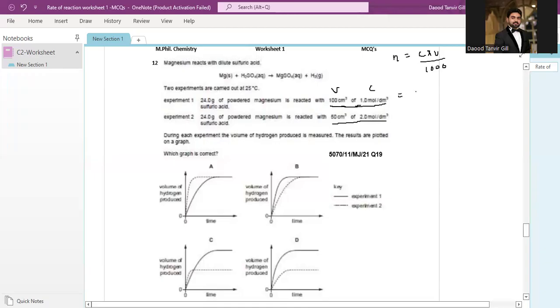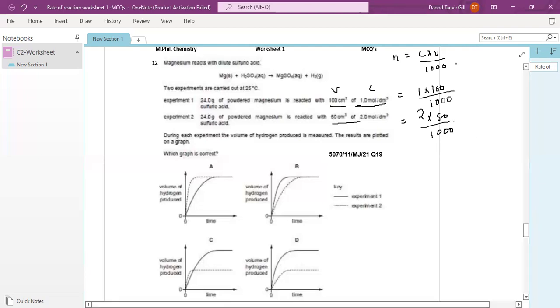So let's calculate the moles for this question. For experiment one, it would be 1 multiplied by 100 divided by 1000. And for experiment two, it will be 2 multiplied by 50 divided by 1000. So what will we get?